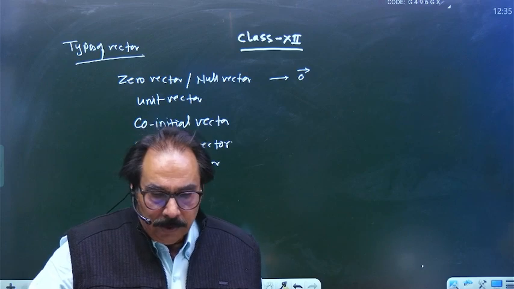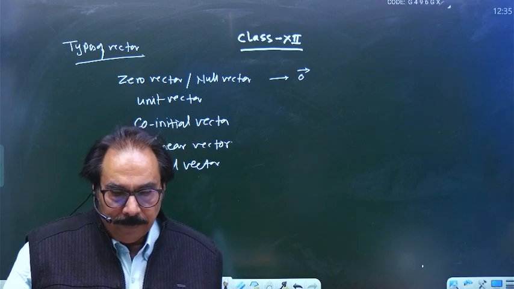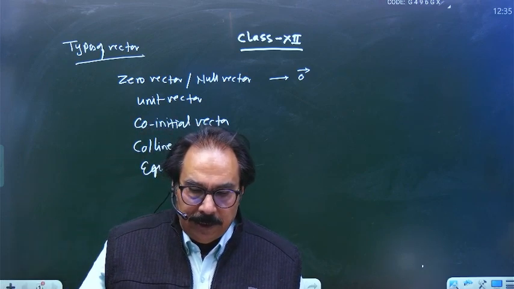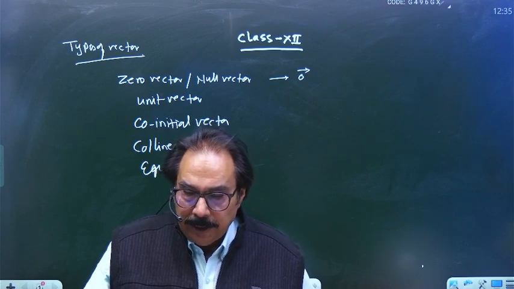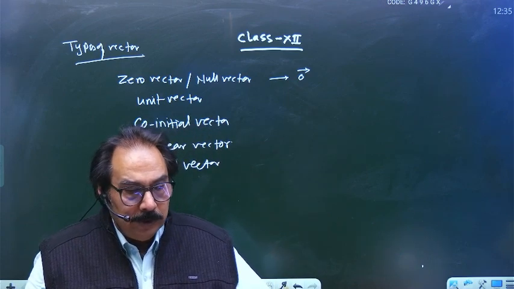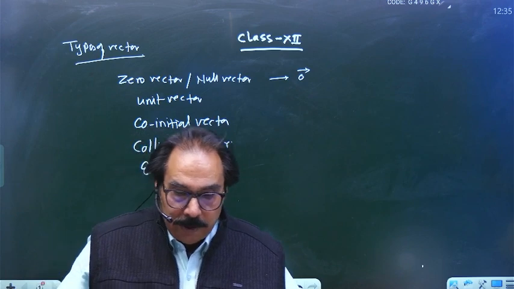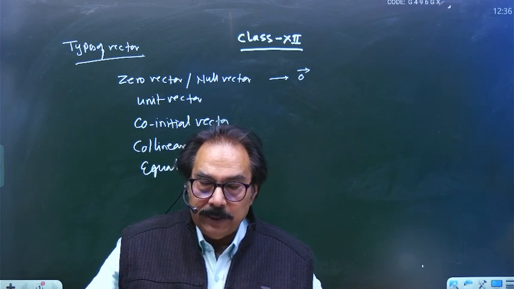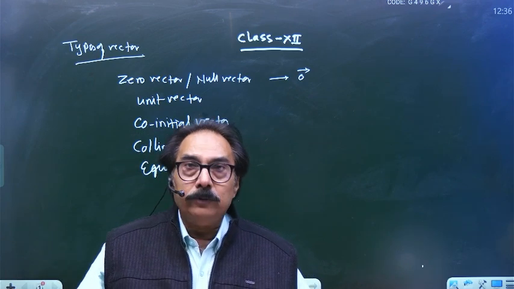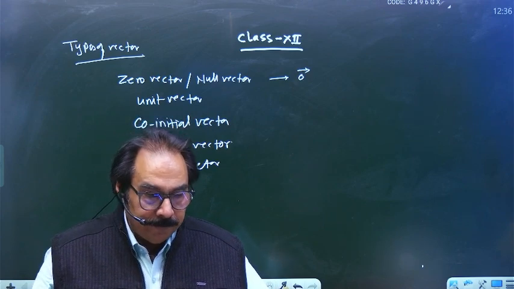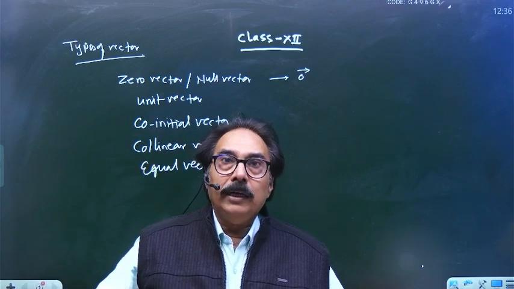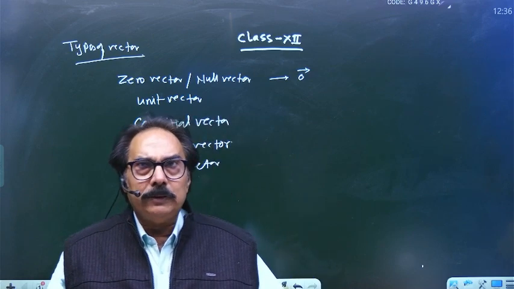A zero vector cannot be assigned a definite direction as it has zero magnitude. Got it? Then unit vector means a vector whose magnitude is 1.